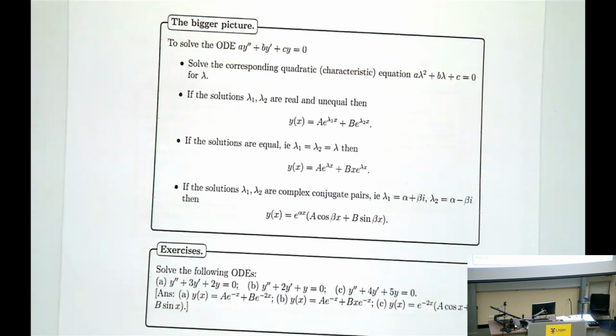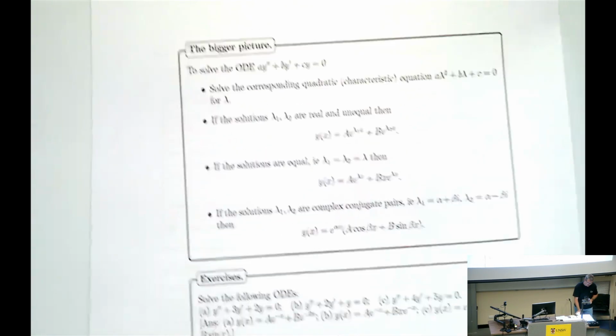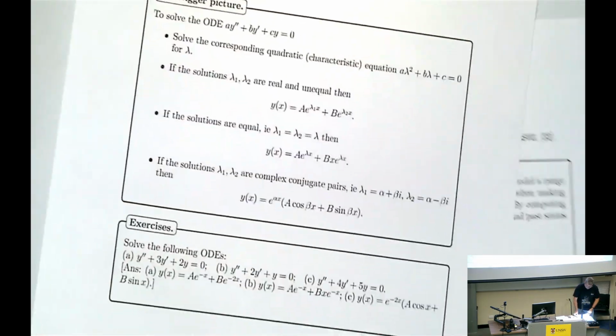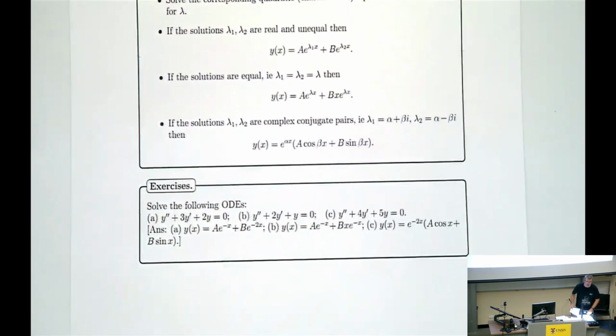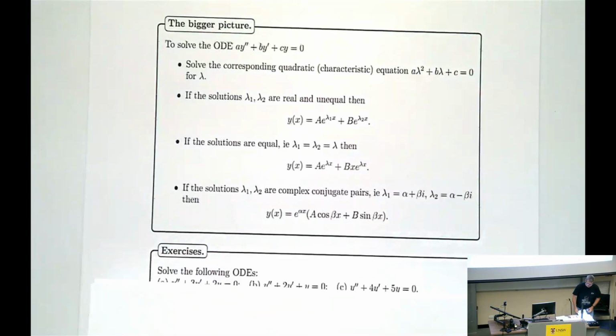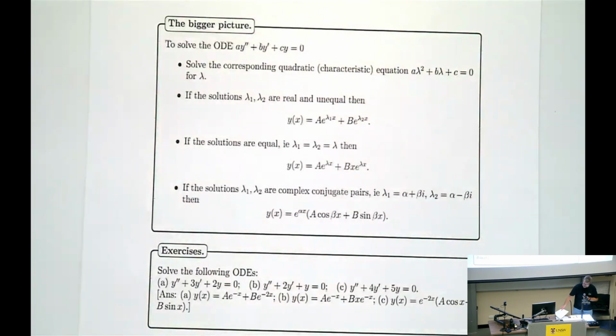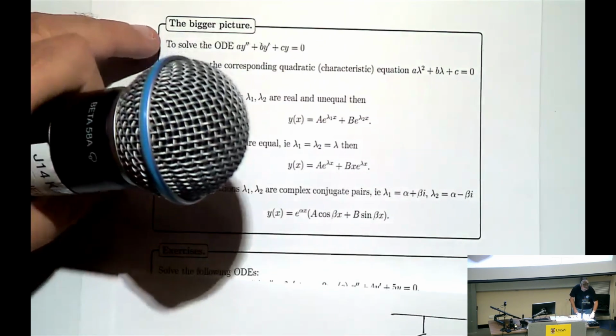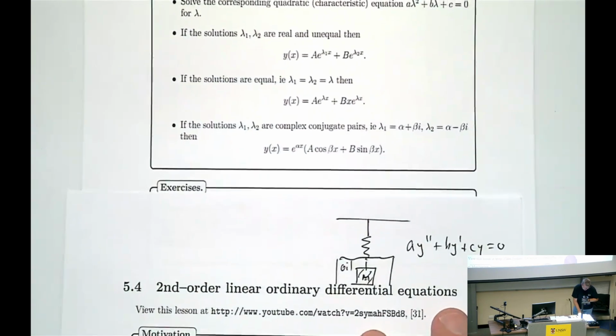All right, other questions? It's pretty easy, okay? It gets a little bit more difficult if we move to a problem like this. I think I showed this to you before. Here's our spring mass system again.